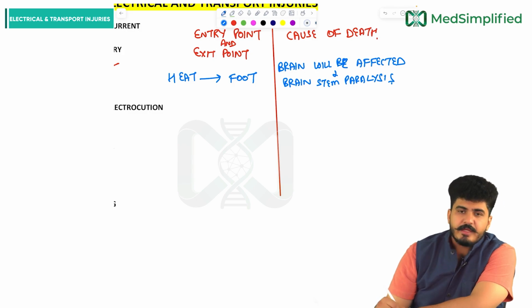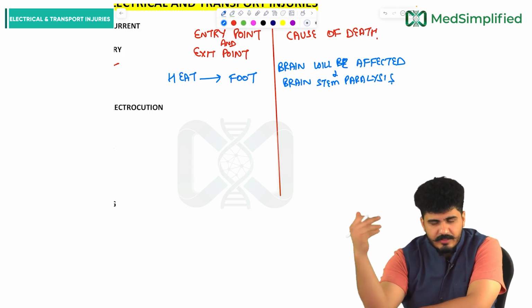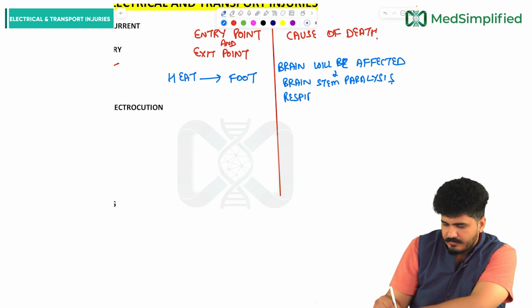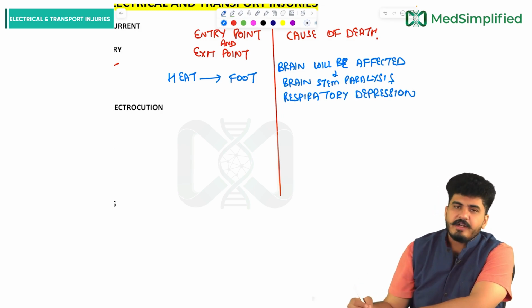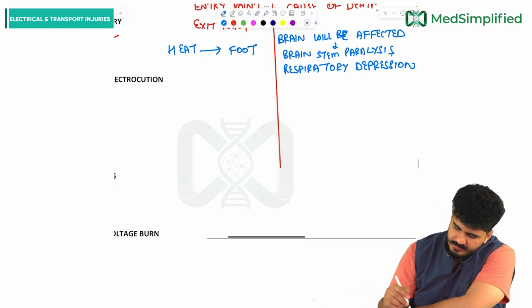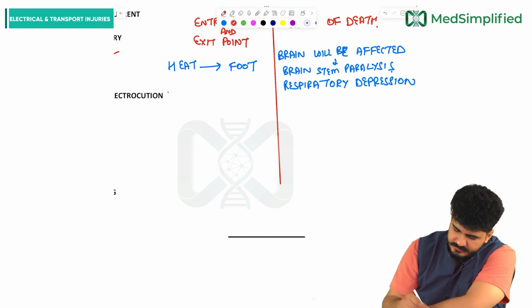Plus, if the nervous supply is gone, then respiratory depression can also happen.